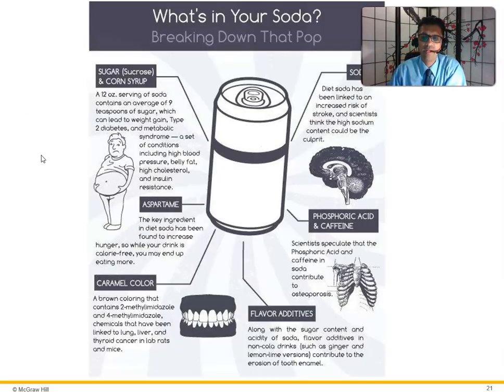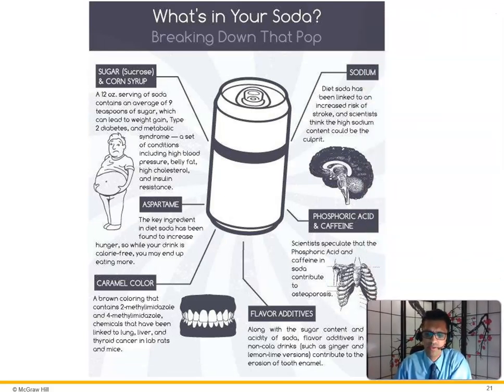Now, I'm not a big soda fan. I'll have an occasional soda here and there, but one of the main reasons that soda is so bad for you is A, the sugar, but also the phosphorus. Now remember, your body is constantly trying to find a balance, homeostasis, between whatever it takes, but calcium and phosphorus seem to balance each other out.